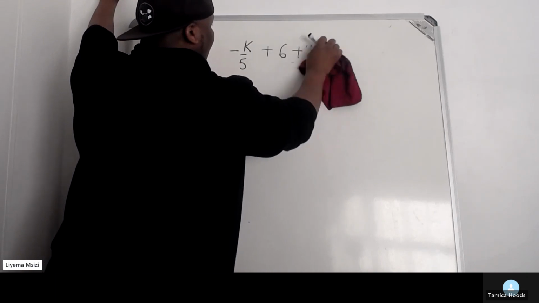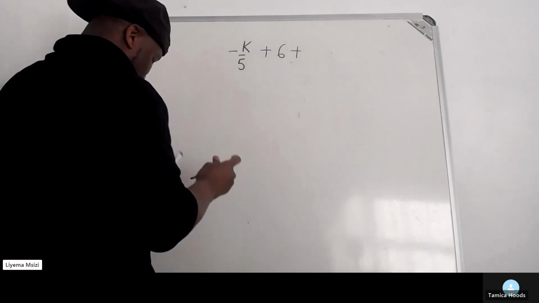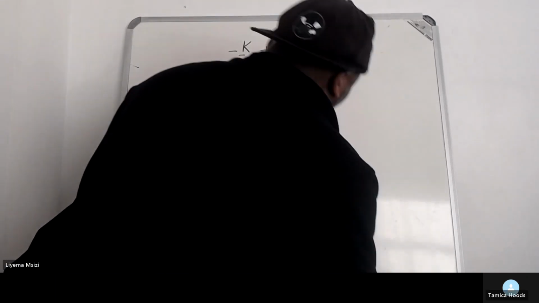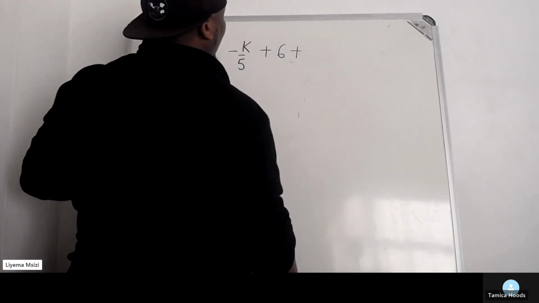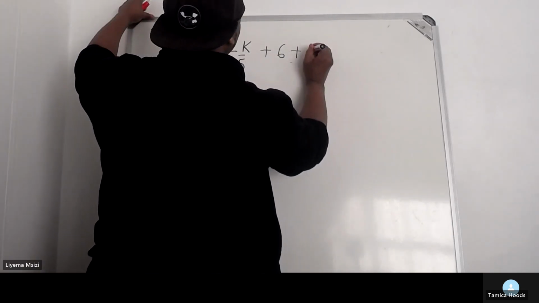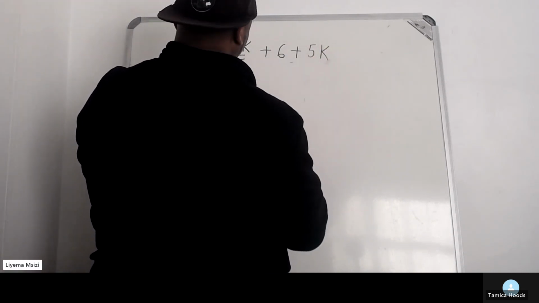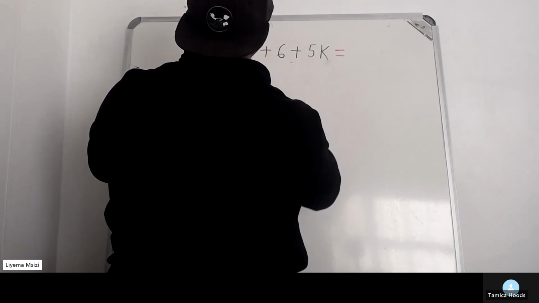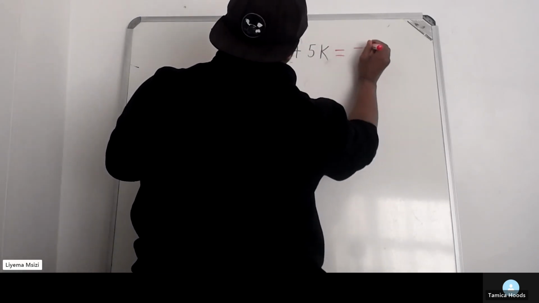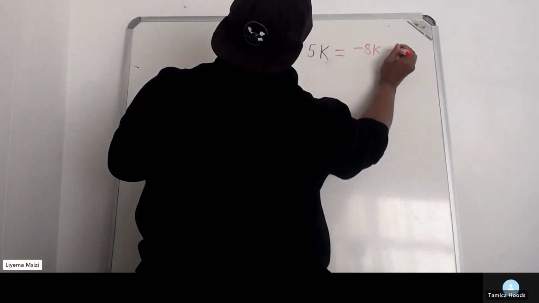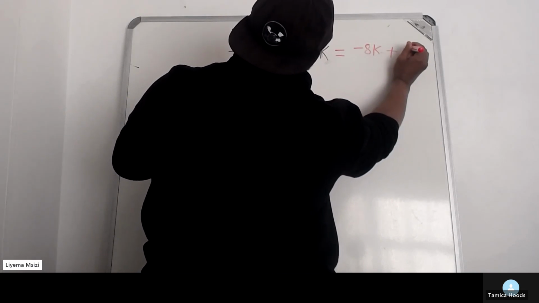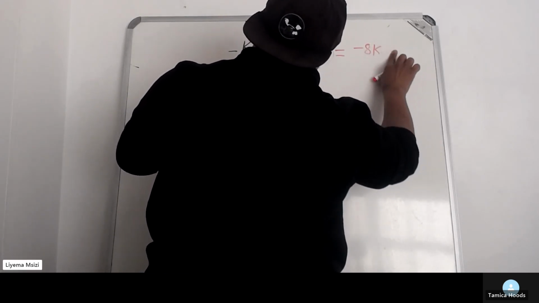So okay, negative 8k plus, let's say, minus 12.